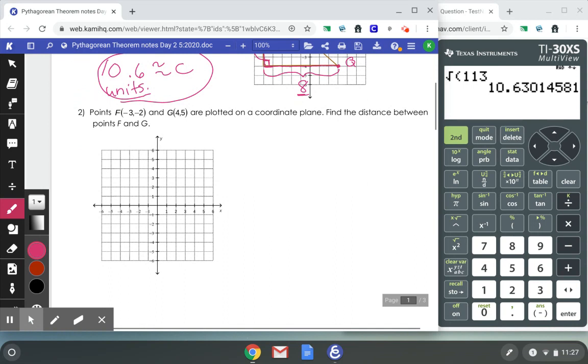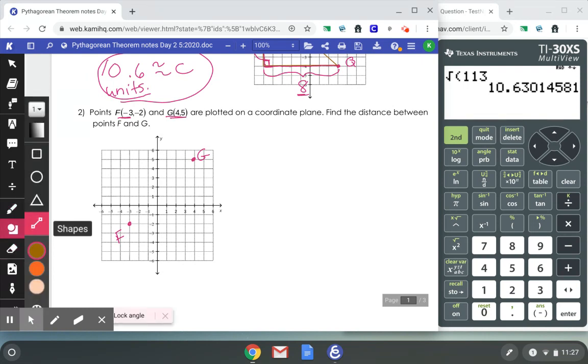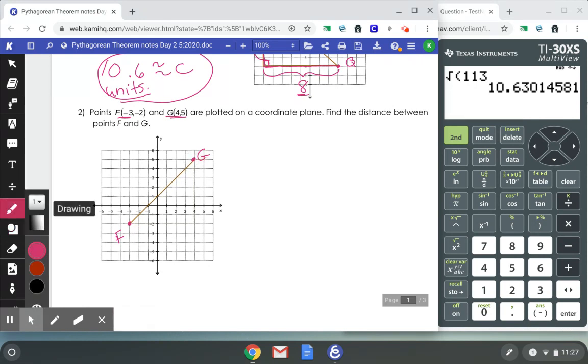All right, so we want to find the distance between F and G. F is at -3, -2, and G is at 4, 5. I'm going to do that by creating the legs of a right triangle.